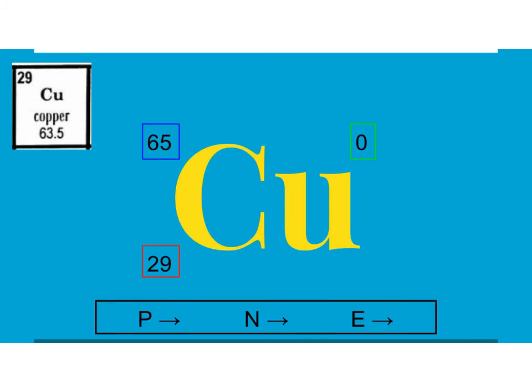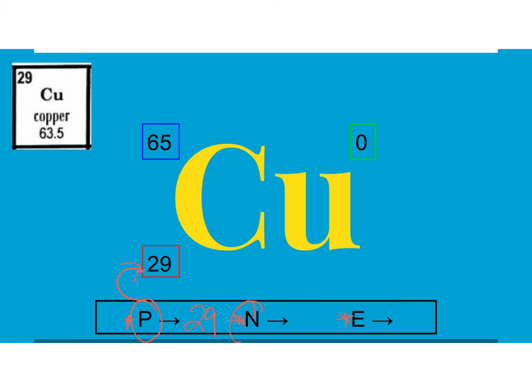All right, so we're going to do this one together. What we want to be able to do is, if we have all these symbols together, we want to be able to identify what each of these subatomic particles is going to be, the protons, the neutrons, and the electrons. So first, to figure out our protons, remember that comes right from the bottom, the atomic number, so we're just going to record that as 29.